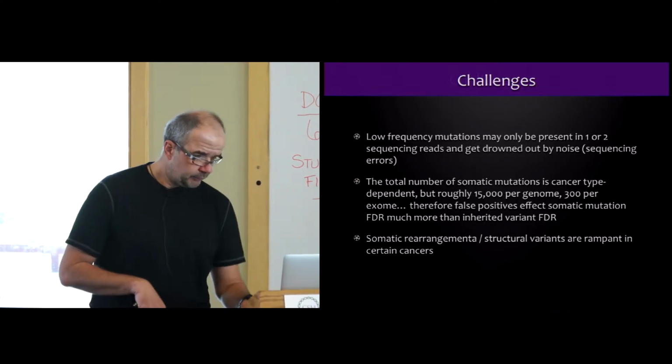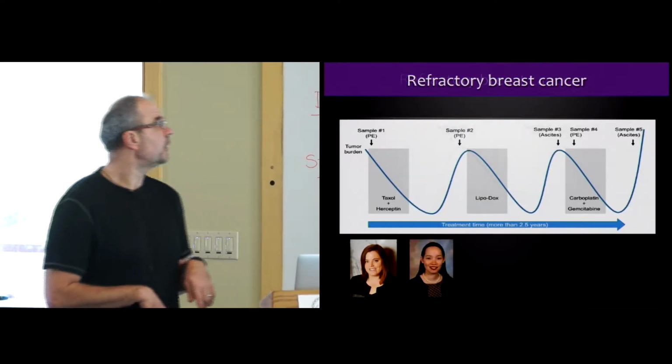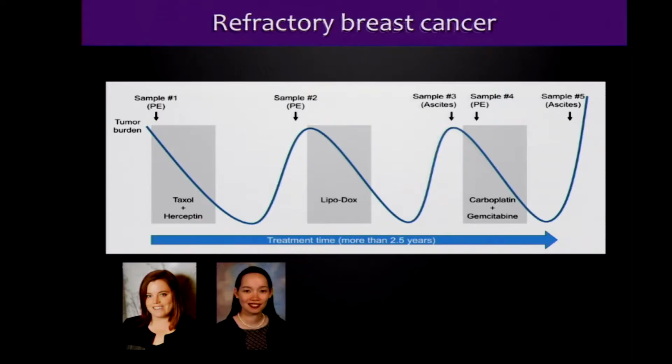Okay, so specifically, I'm going to be talking about a situation that we've recently been working on with Aaron and others in my lab. The idea here is that we had this patient, a refractory metastatic breast cancer patient, fairly late stage.